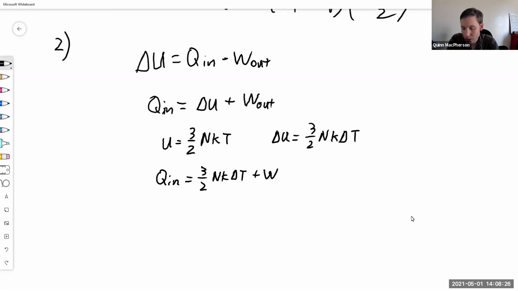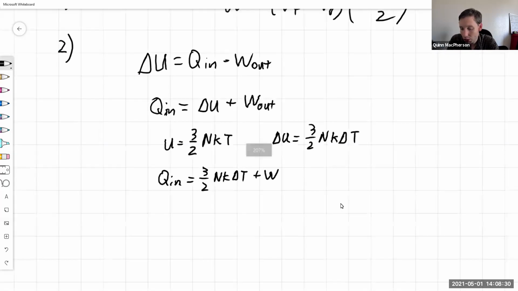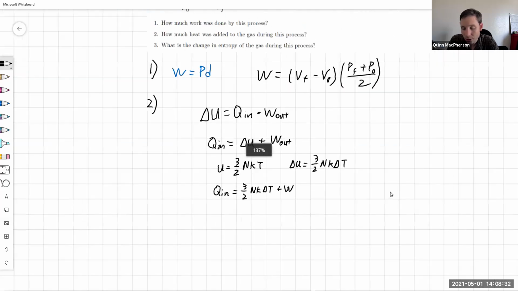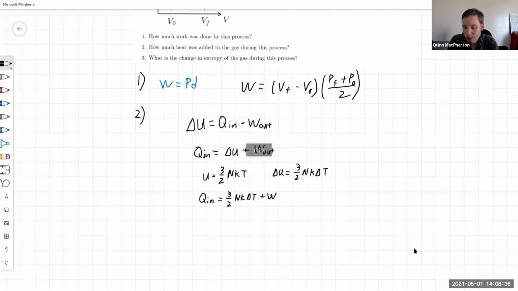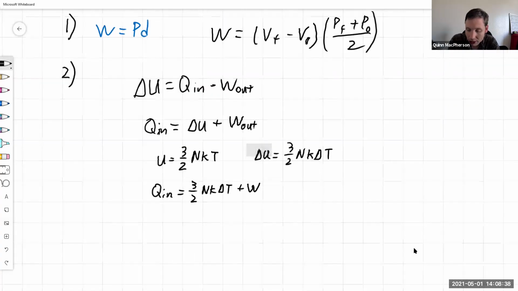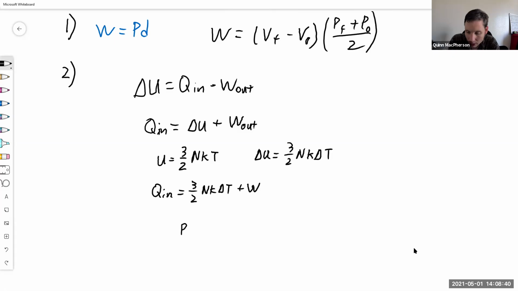Let's see, what should we do next? Well, basically, we have work. We don't know what delta T is. If you look at the things that were originally given, we were given the P's and the V's, but not the T's. You can infer them based on the ideal gas law. PV equals NKT.